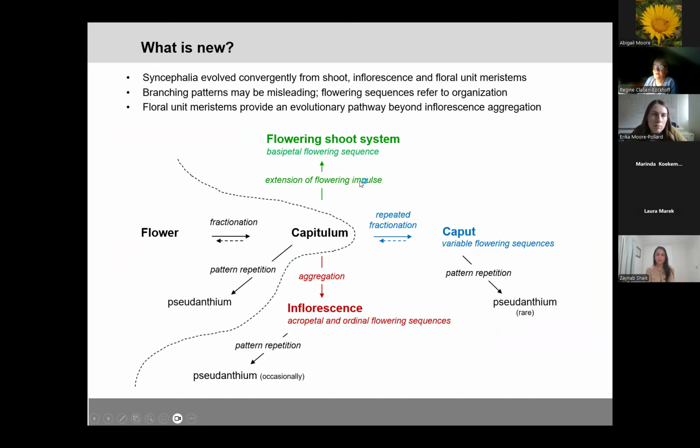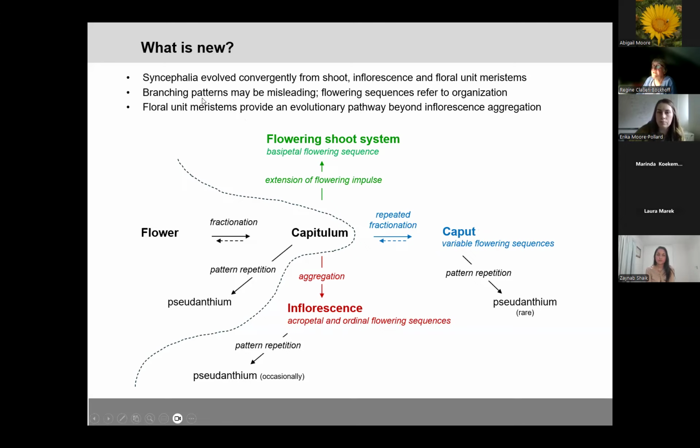And the processes involved are the extension of the flowering impulse in vegetative systems, resulting in a basipetal flowering sequence, diverse forms of aggregation leading to different kinds of inflorescence clusters, which always flower in acropetal and ordinal directions, and the repeated fractionation in a determinate meristem, which leads to a caput with variable flowering sequences.